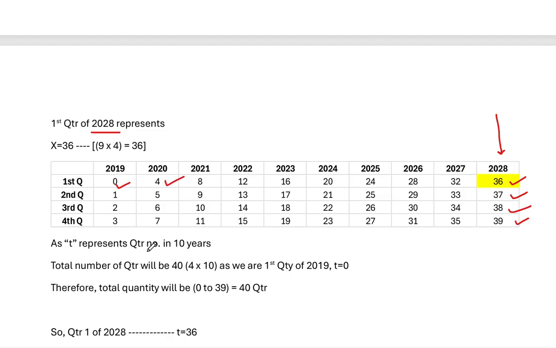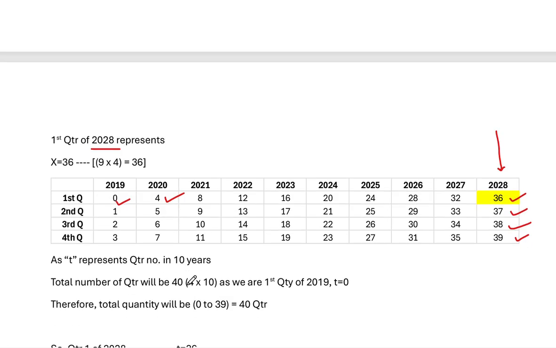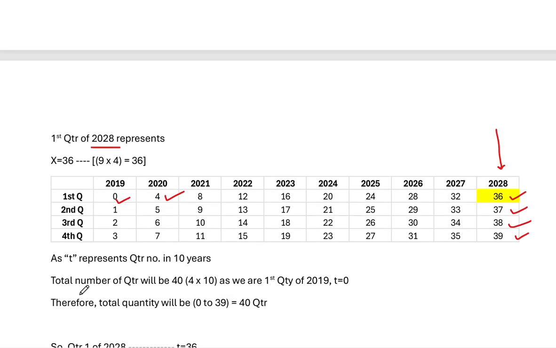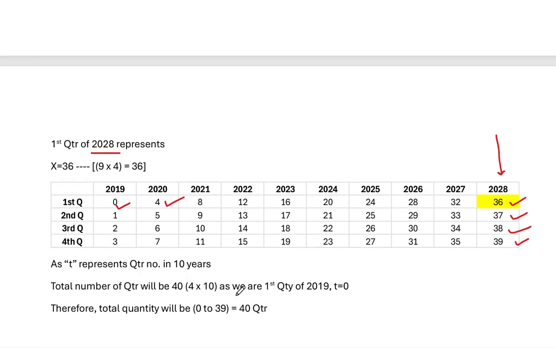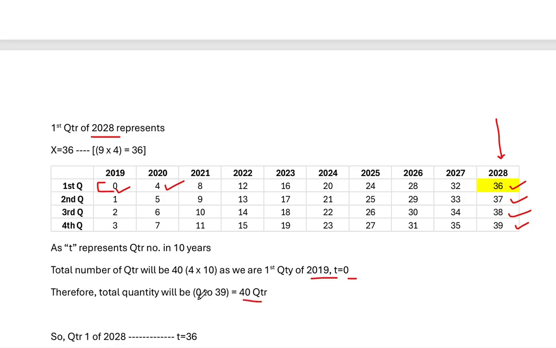As T represents quarter number in the given equation, T represents quarter number for 10 years. Total number of quarters will be 40. As we start from the first quarter of 2019, T is equal to 0. Therefore, the values will be 0 to 39. Here we started from 0 and end with 39. So total is 40 quarters.